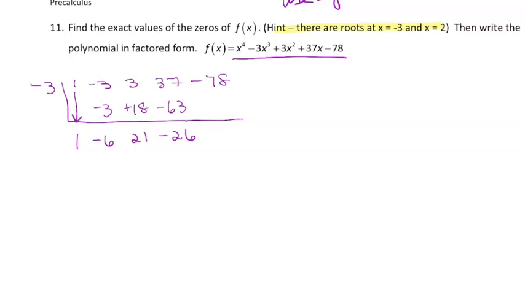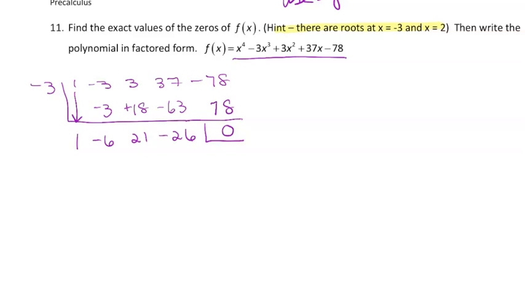Yes. And then -26 times a -3 is going to give me a +78, which is good news because I needed to have a 0 here because I knew that it had to be a root.